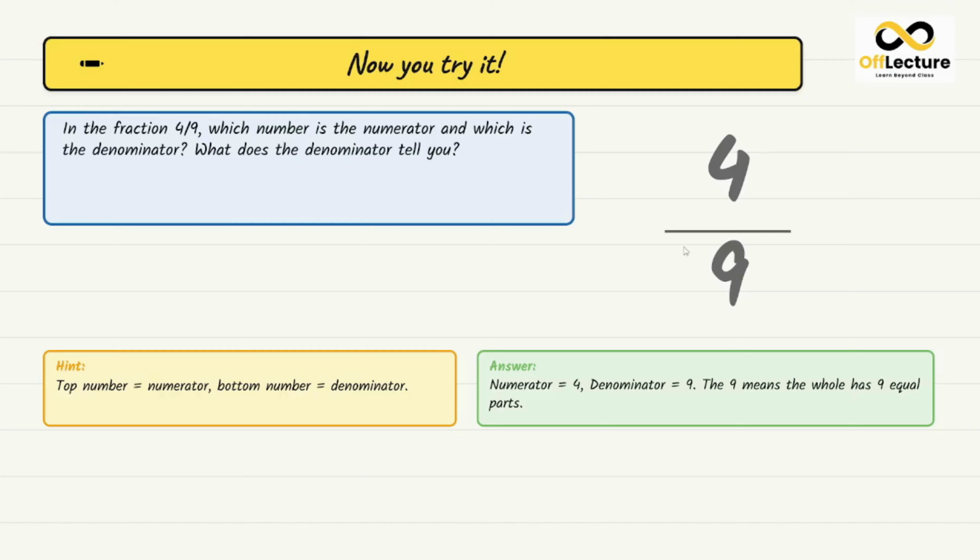The answer is pretty simple: the numerator here is 4 and the denominator is 9. What the denominator tells us is that the whole thing is divided into 9 equal parts. When we divide things into equal parts, only then does the concept of fraction come.